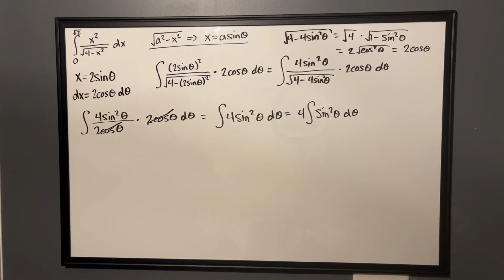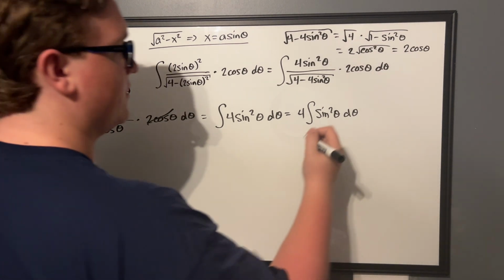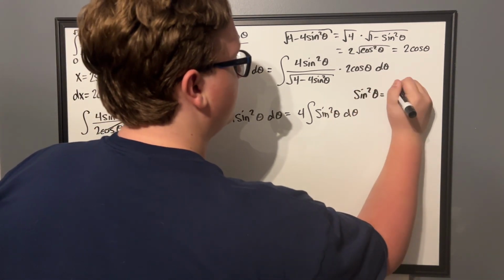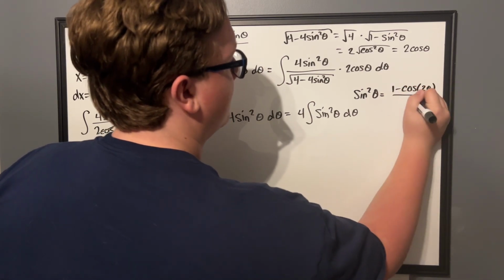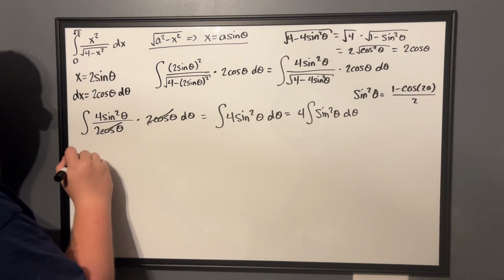So what we're going to do from here is we're going to try to integrate sine squared theta. And the way we're doing that is we're going to need to use a trig identity. So we know from trigonometry that sine squared theta is always equal to 1 minus cosine of 2 theta divided by 2. So we're going to rewrite this integral like that. So it's 4 times the integral.